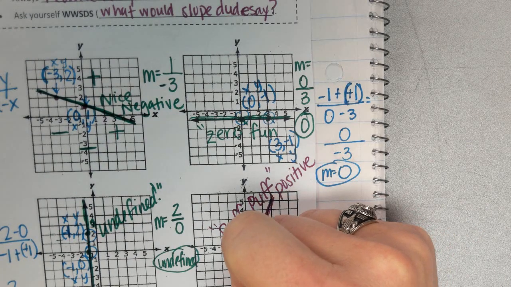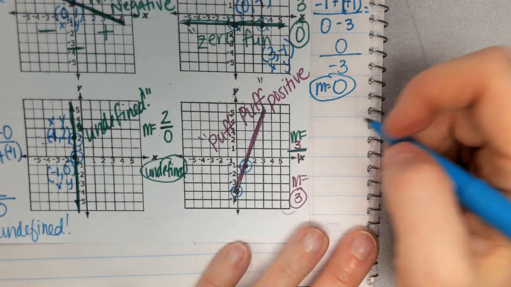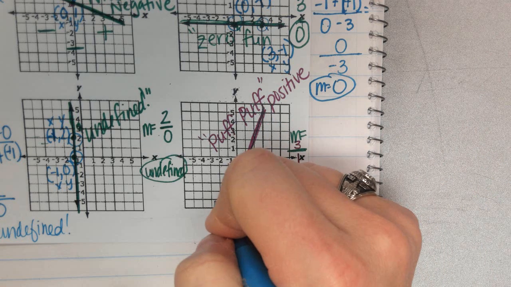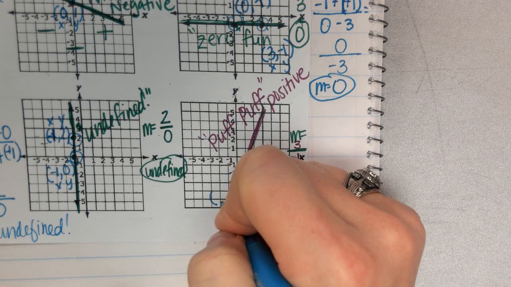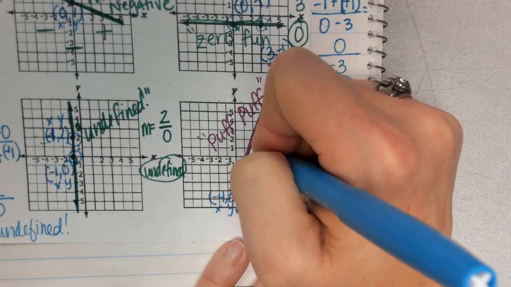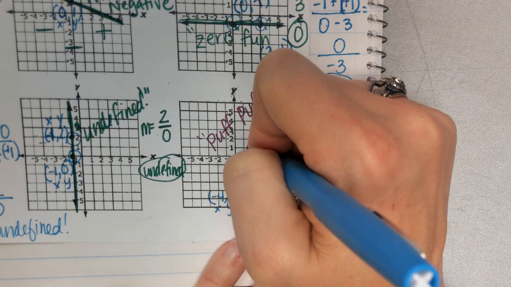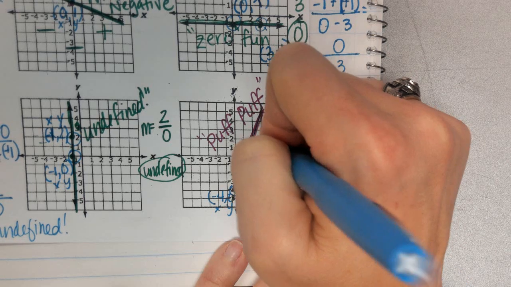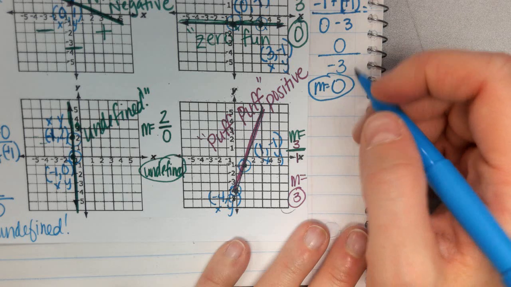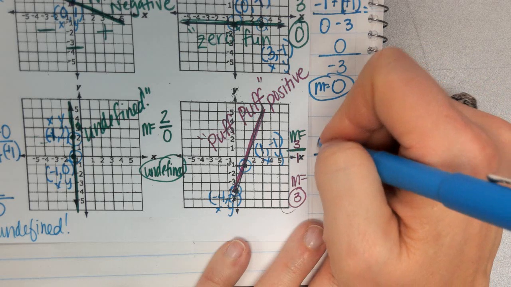Okay? Let's do one more. So we have these 2 dots right here, this one and this one on our line. Let's go ahead and put what the change in y, or y minus y, is. So the first one, the coordinate point is negative 4, 0, x and y. And the second one is, see, the x is 1, the y is negative 1. Alright, so let's do y minus y, so 0 minus negative 1.